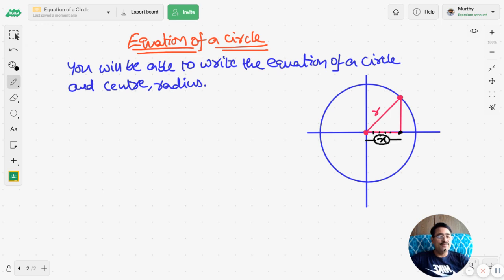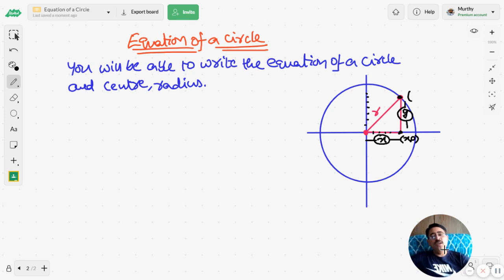This point will have x value x only, y value 0. In the same way, on the y-axis, I don't know the value of this one, so let me consider this as y units.